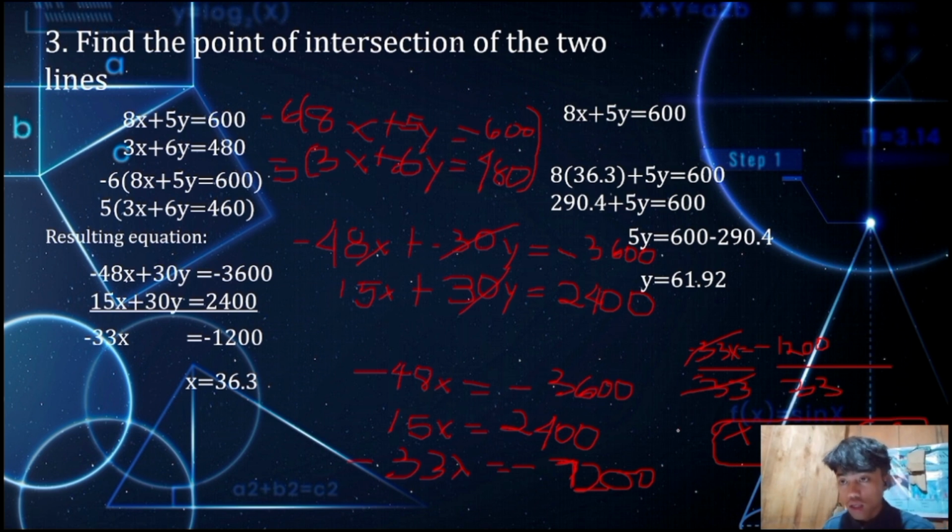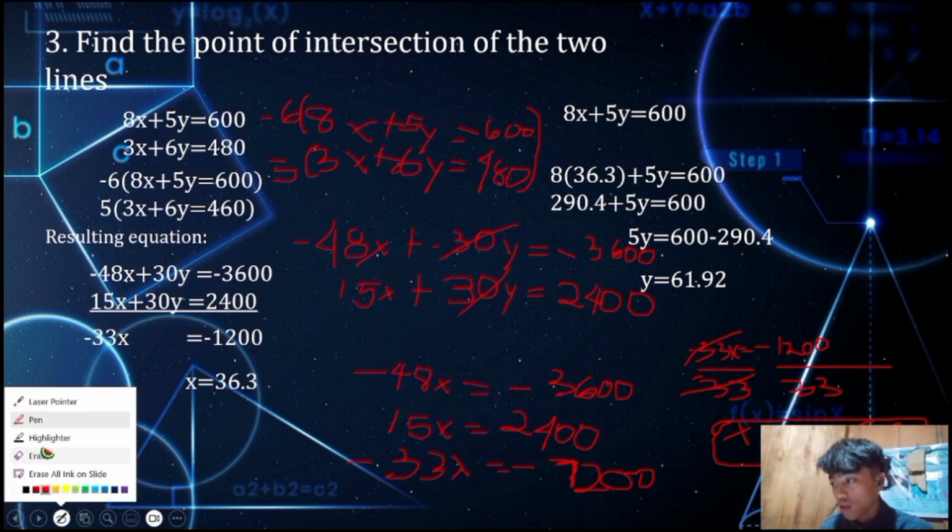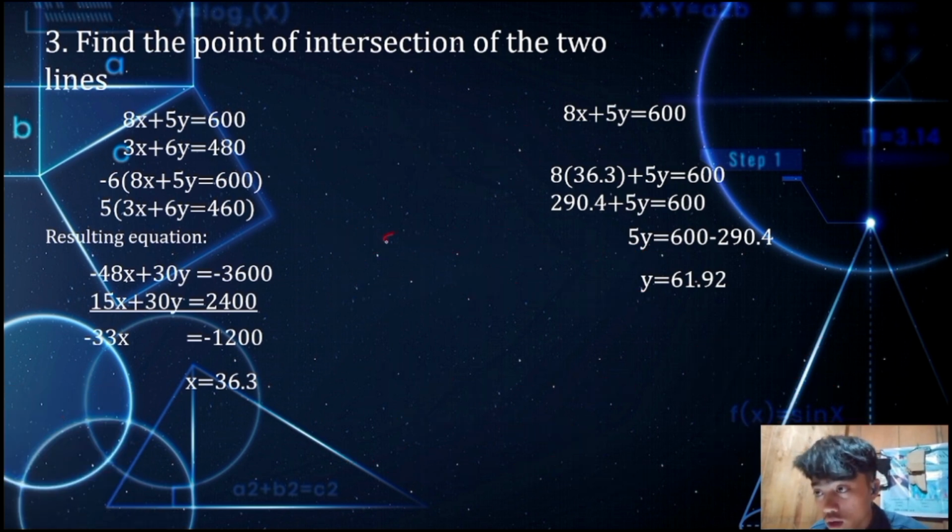Ito yung sagot natin. So, dito naman tayo sa kabila. Wait, reset. 8x plus 5y equals 600. So, meron naman tayo dito sa x.